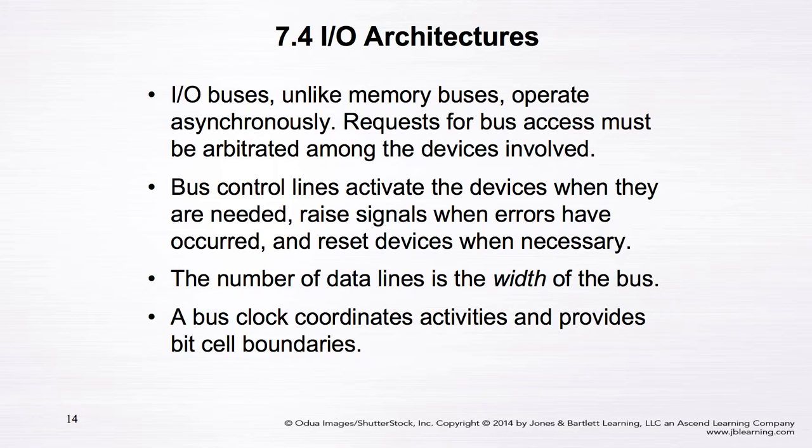The number of data lines represents the width of the bus. A bus clock coordinates activity and provides bit cell boundaries for the communication between different components within the main system.